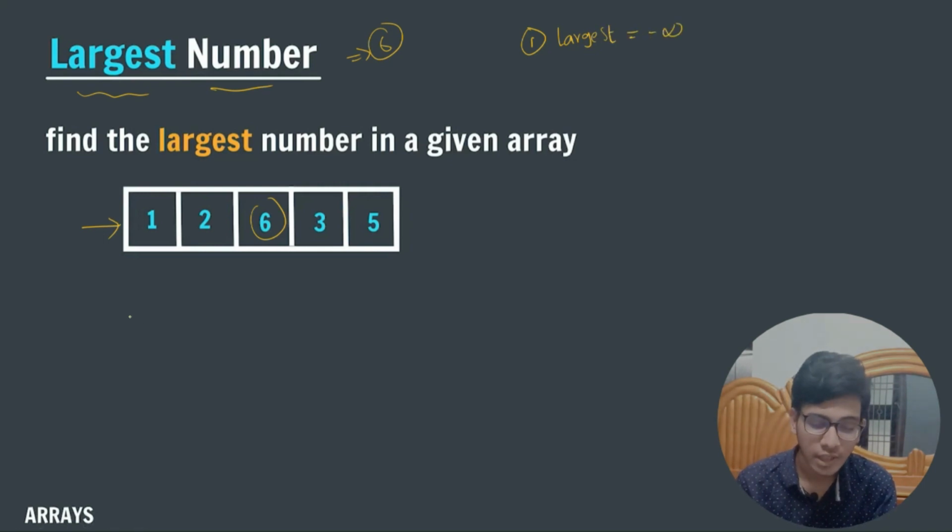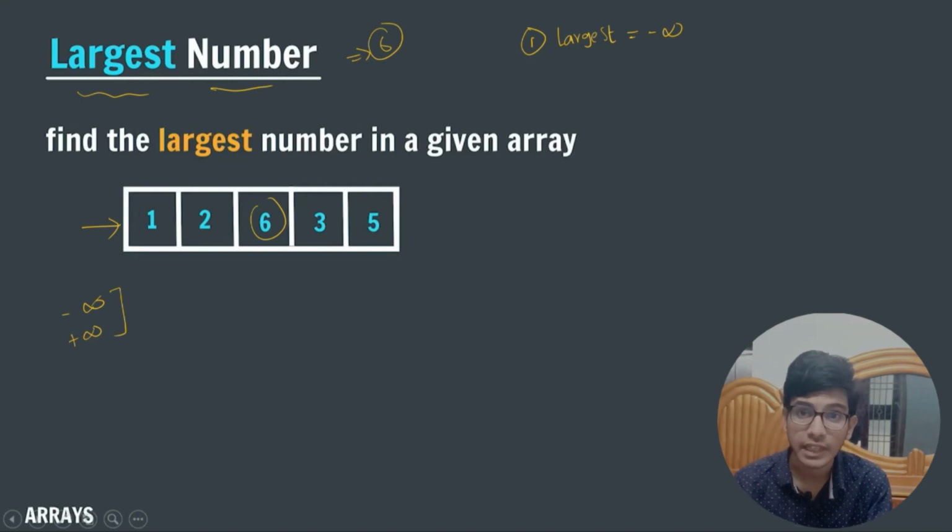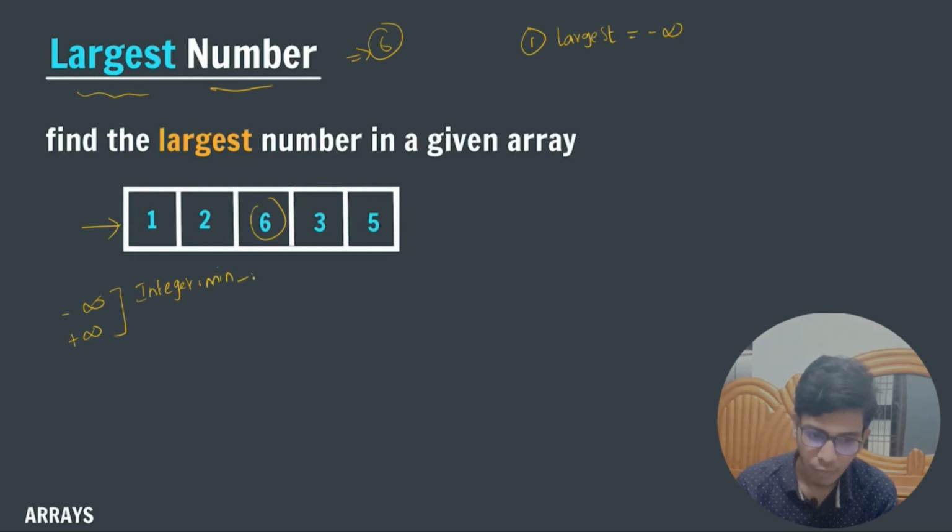In Java we have a concept of -infinity and +infinity. -infinity is nothing but the most negative number that is possible, and we will represent it as Integer.MIN_VALUE.